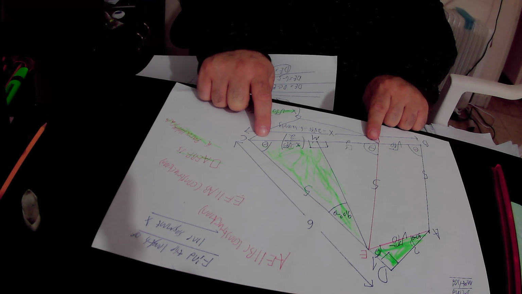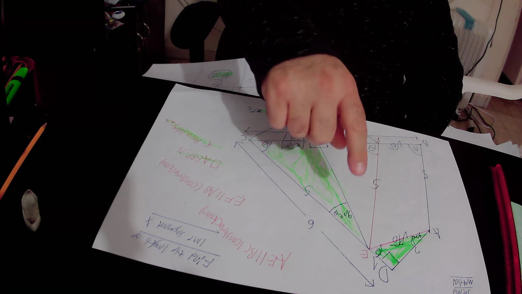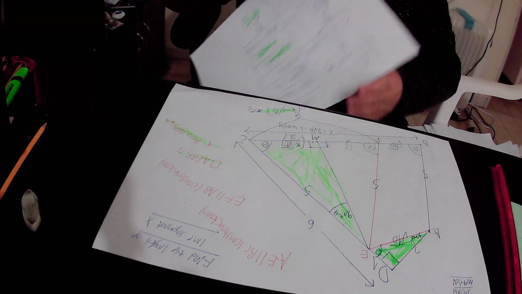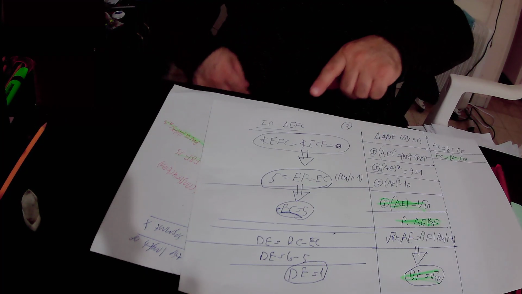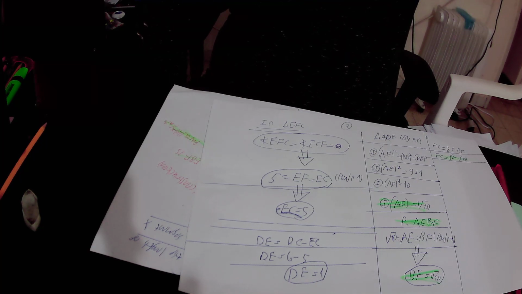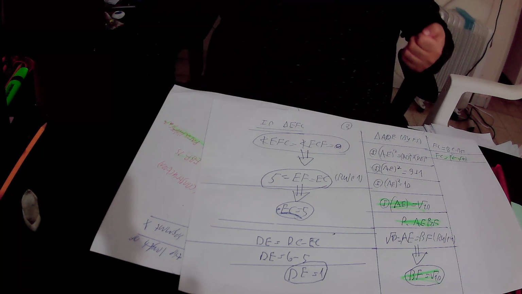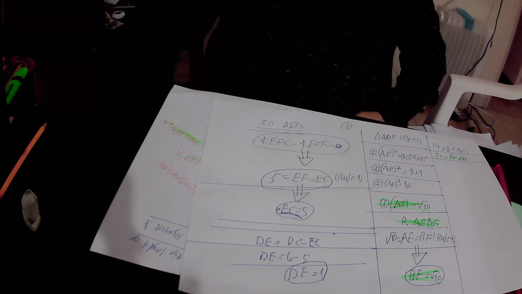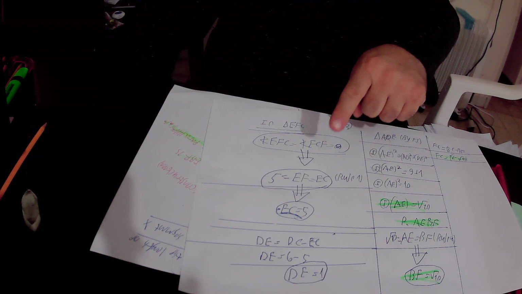Therefore, according to rule number 1, that opposite equal angles in the triangle there are equal sides, we get that EF equals EC.